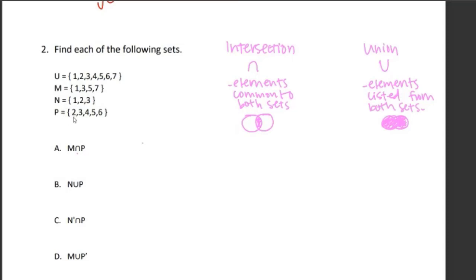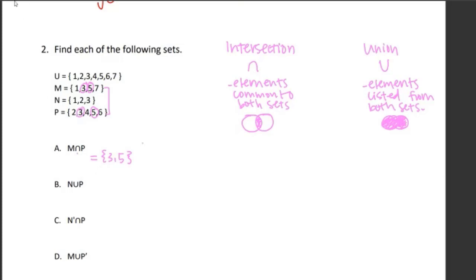And P has 2, 3, 4, 5, and 6. So we're looking at this and this. So 3, they both have 3 in them. They both have 5, and it looks like that's it. So the intersection of M and P would be 3 and 5.